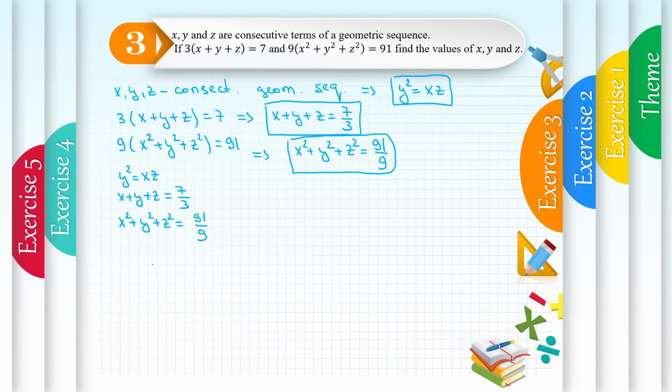So, how are we going to proceed? We are going to raise to power 2 both sides of the relation x plus y plus z is equal to 7 over 3.